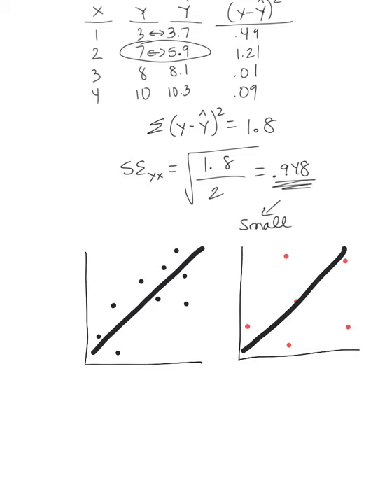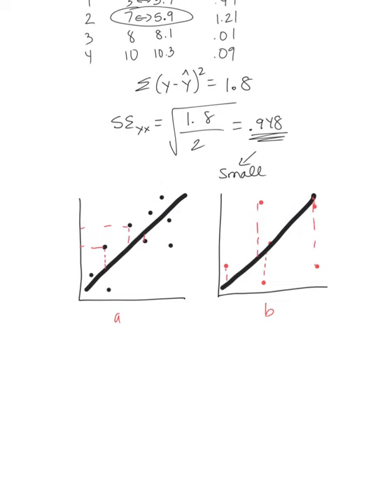Now, if we compare how far each observation is from the line, you'll notice that in panel A some of these line up. They're fairly close. If we compare that to panel B, notice that's a big gap there. That's another large gap. It's another one. This is a very large gap, and that one's a little bit smaller. So if we were to calculate a standard error for these two, the standard error for A is going to be much smaller than the standard error for B.